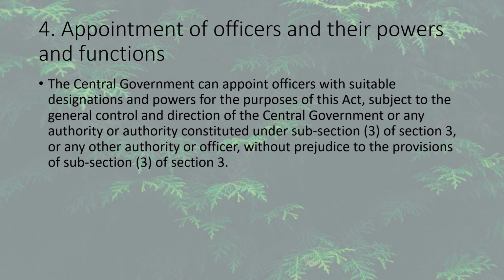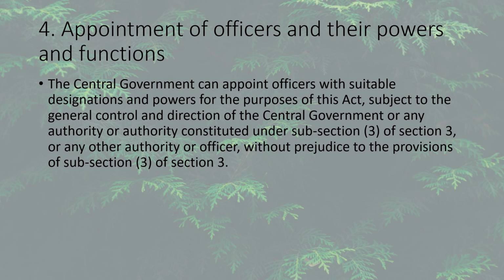Now, appointment of officers and their powers and functions. The central government, it says, can appoint officers with suitable designations and powers for the purpose of this Act, subject to the general control and direction of the central government or any authority constituted under subsection 3 of section 3, without prejudice to the provisions of subsection 3 of section 3.